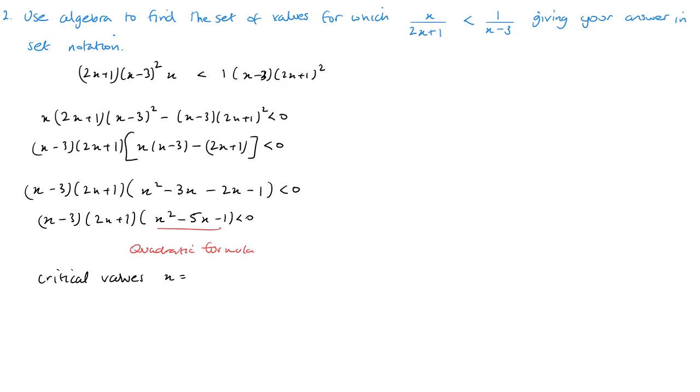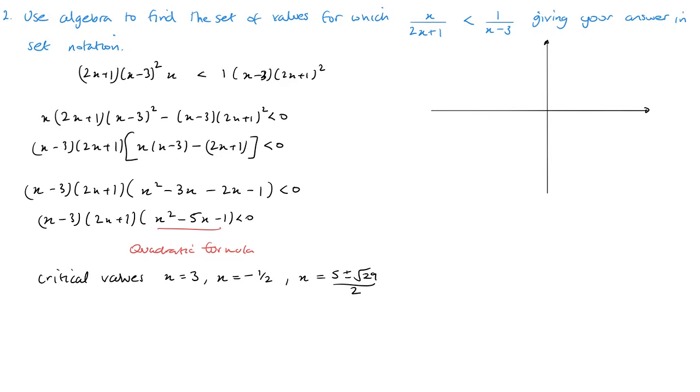So critical values are x equals 3, x equals minus a half, and x equals 5 plus or minus root 29 over 2. So it's a quartic graph and it crosses in 3 places.